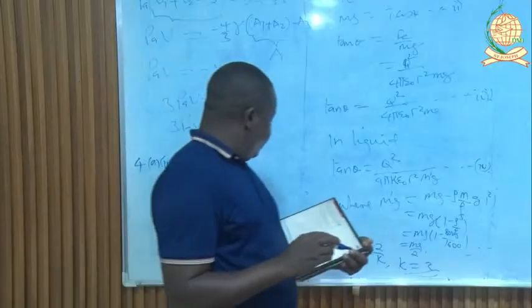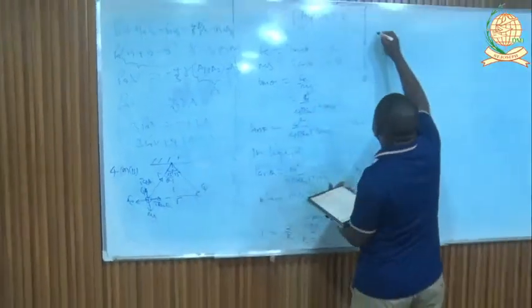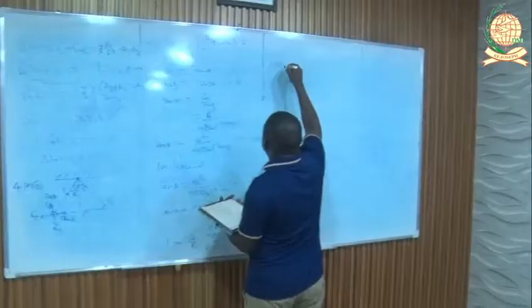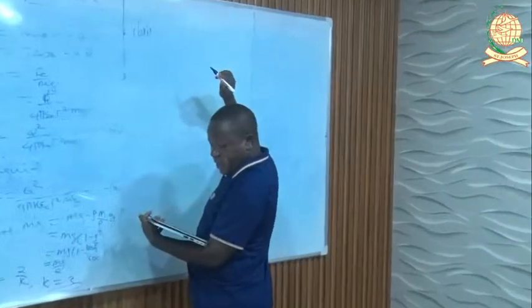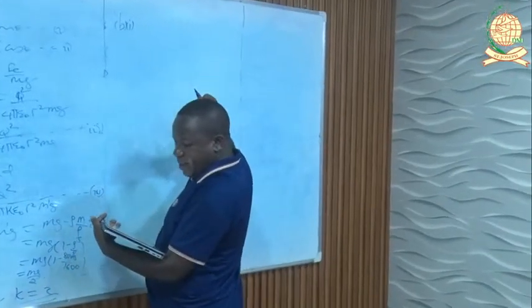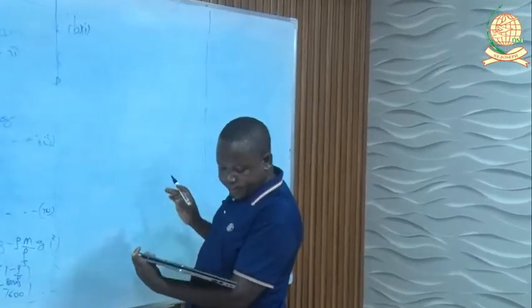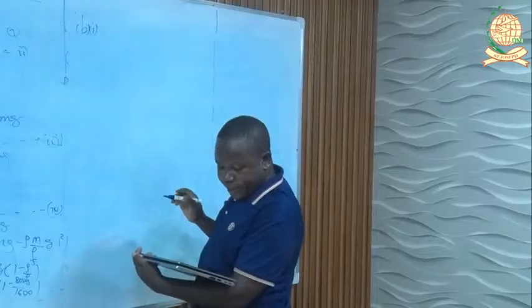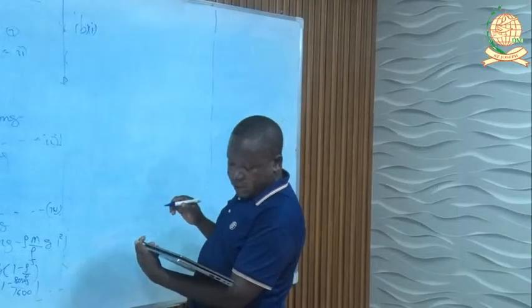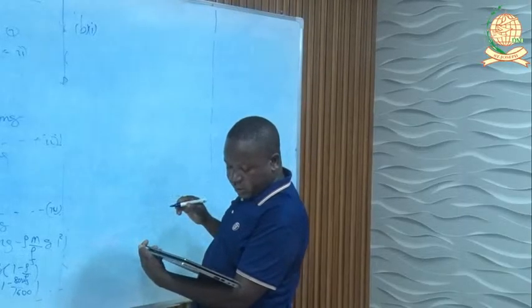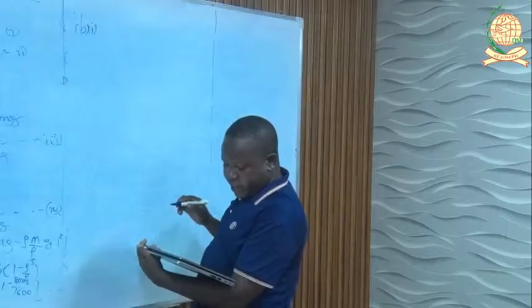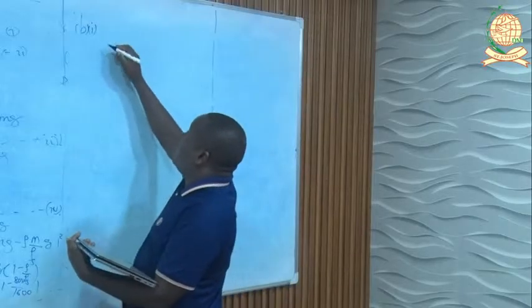Part B, Roman 1. Explain three factors that affect the capacitance of a parallel plate capacitor.